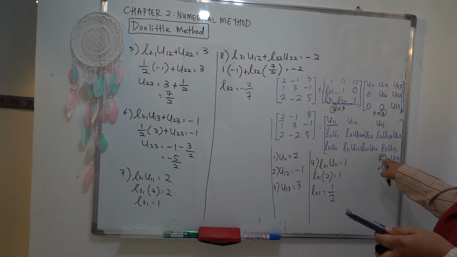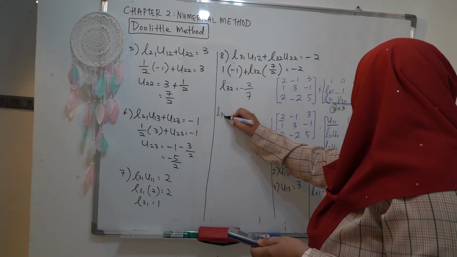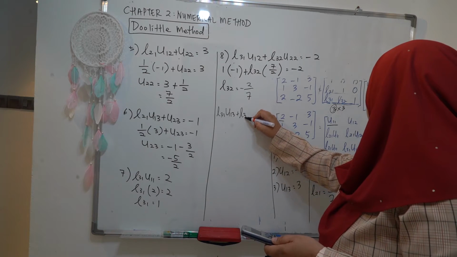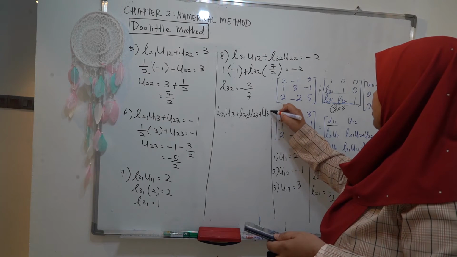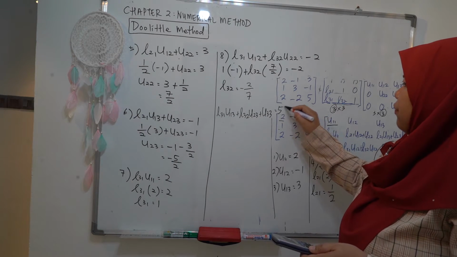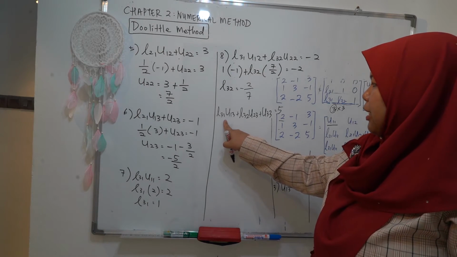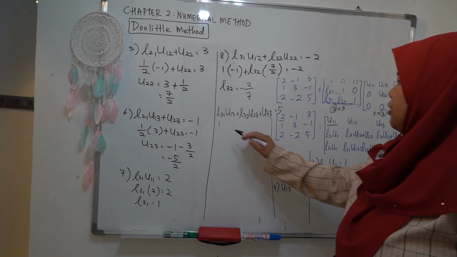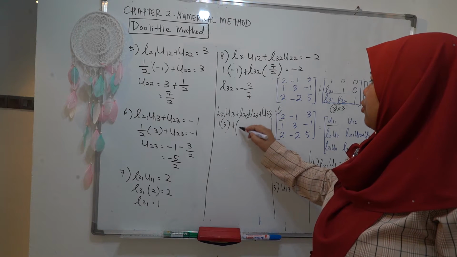Okay, the last one is here. L31 U13 plus L32 U23 plus U33 equal to, the last element is 5. As usual, we substitute. L31 is 1. U13 is 3. L32 is negative 2 over 7.